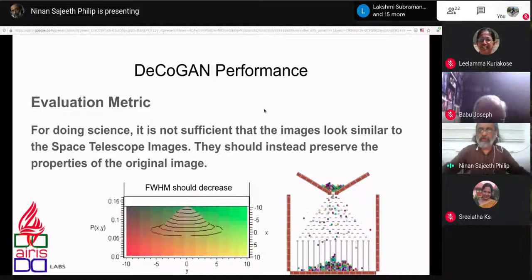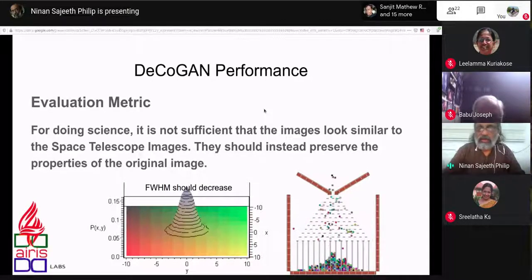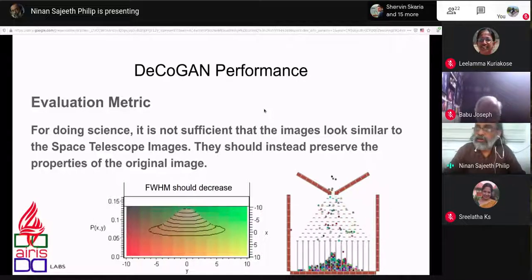So all the distributed pixels have to be brought together. This is what we mean when we say that the photometry is correct. So that also has to be verified. These two tests have to be passed for the particular application to be scientifically useful.